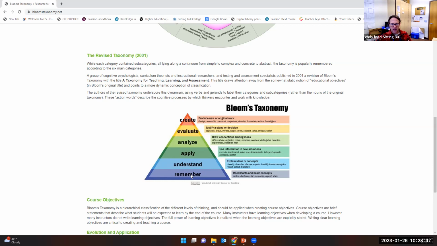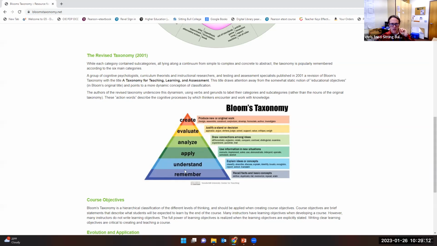Not saying that remembering is a bad component for Bloom's taxonomy or for our thinking. There's a lot of things we have to remember, right? But as we go up, it gets more complex. And I'm not saying you have to be creating things all the time to be at the highest level of thinking, but you should be up in this area a little bit.